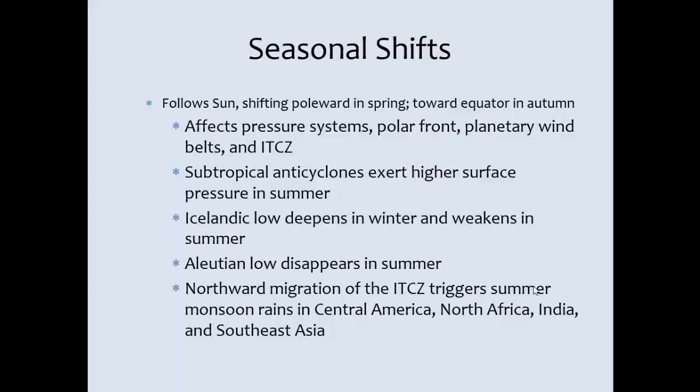So for example, in the northern hemisphere, around June 21st, the sun is at its highest, okay? So at that time, it causes all these four zones to shift to the north, okay? So the ITCZ shifts further to the north. The subtropical high pressure system area shifts further to the north. Subpolar shifts further north, and so on and so forth. And just the opposite happens in the winter.